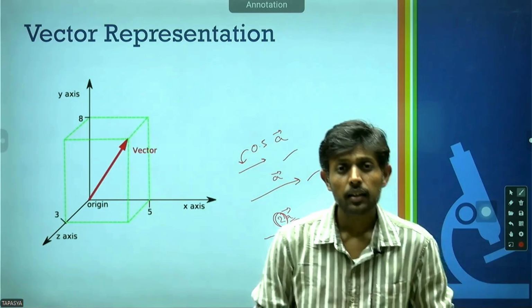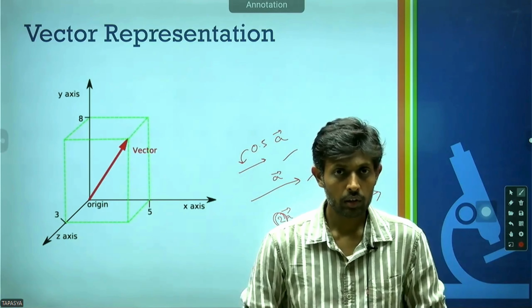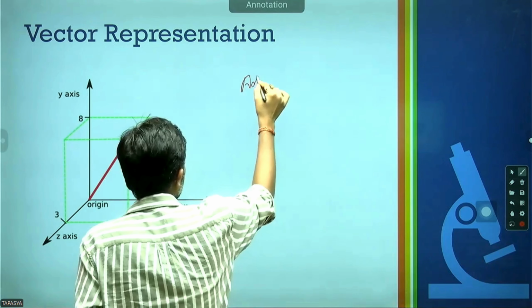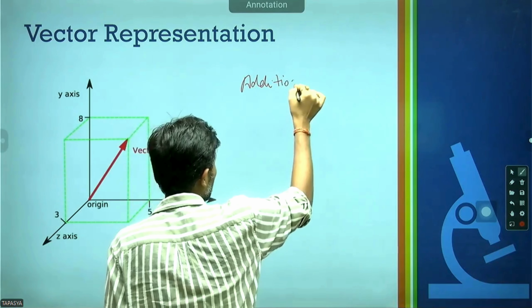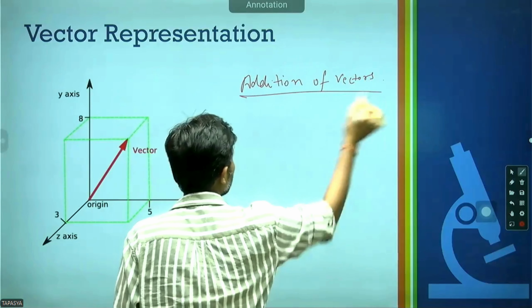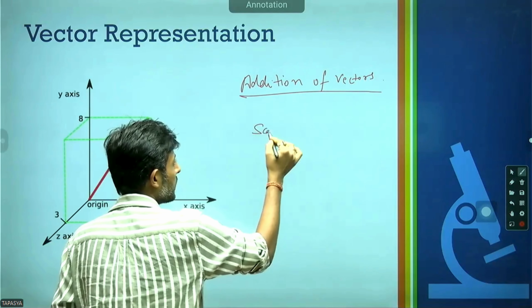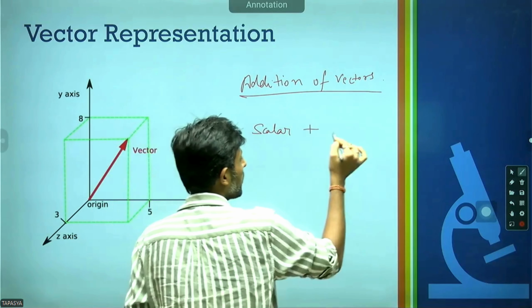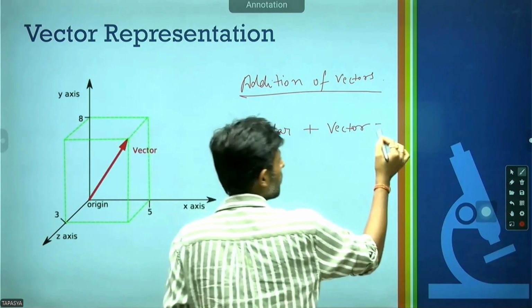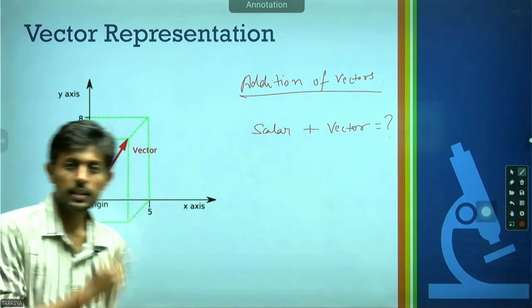How to add a scalar quantity to a vector quantity? Can we do that? Addition of vectors. Is this possible? Think about this. A scalar quantity, can you add it to a vector quantity? Is this possible?